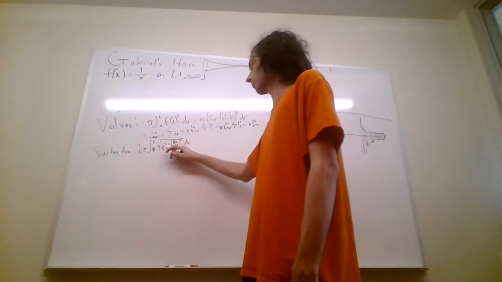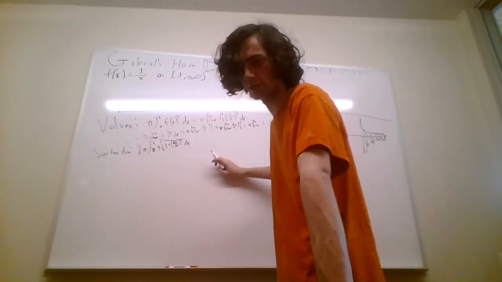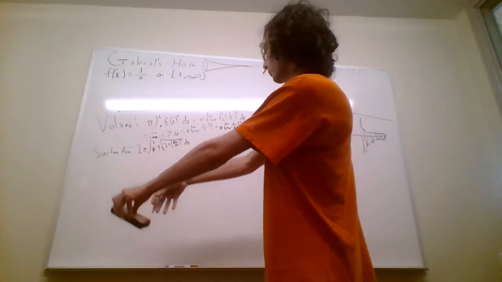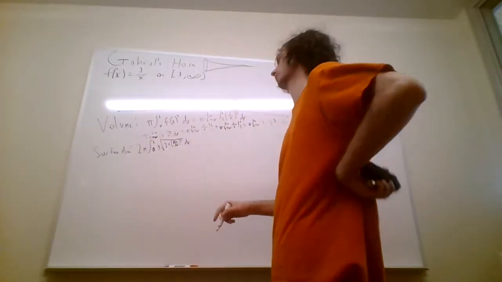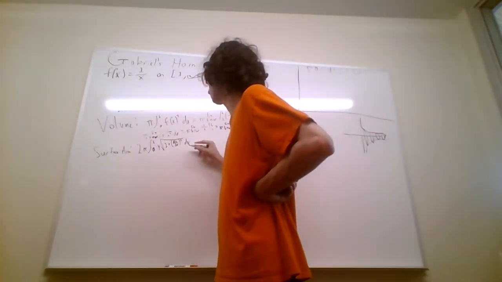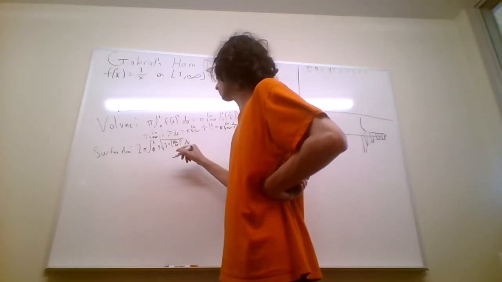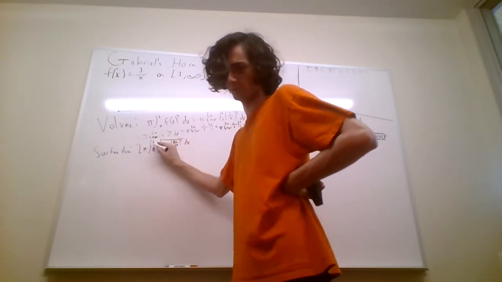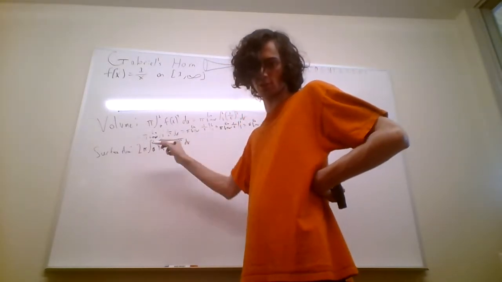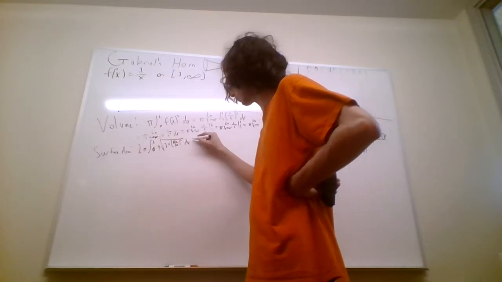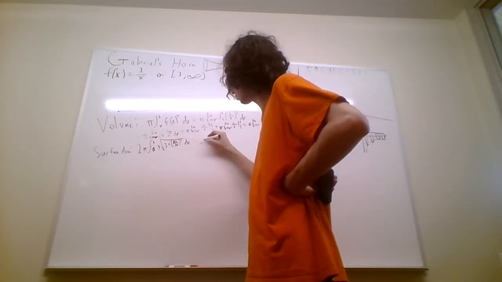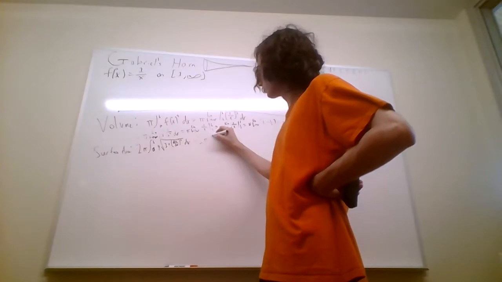And this square comes from the arc length formula, but we're revolving it around the x-axis, so it's going to be a bit different. So let's start plugging things in. Again, we don't want an infinity in there, as it would be improper, so we're going to do the whole limit thing again.